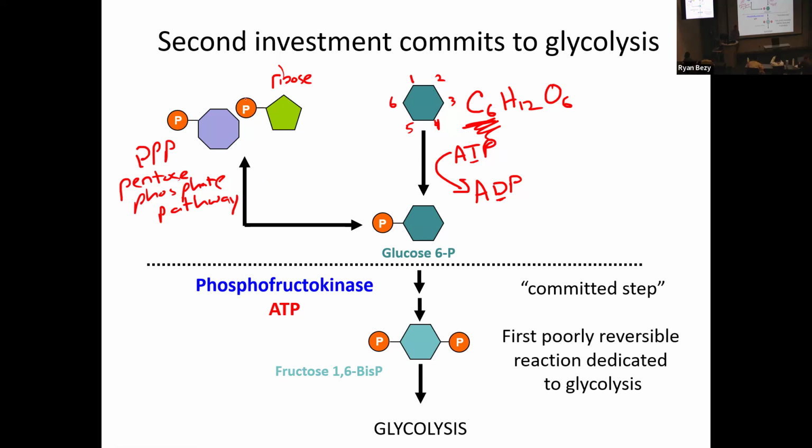And a ribose sugar is a 5-carbon sugar. But ribose, you use that to make things like nucleic acids, like DNA, deoxyribose. Okay, deoxyribonucleic acid, or ribonucleic acid, ribose nucleic acids. Okay, RNA. Glucose 6-phosphate can sometimes go over here, but it can also sometimes go instead into glycolysis.